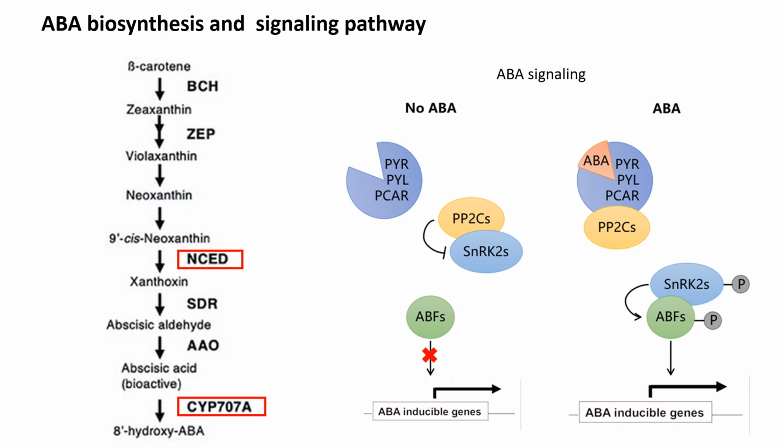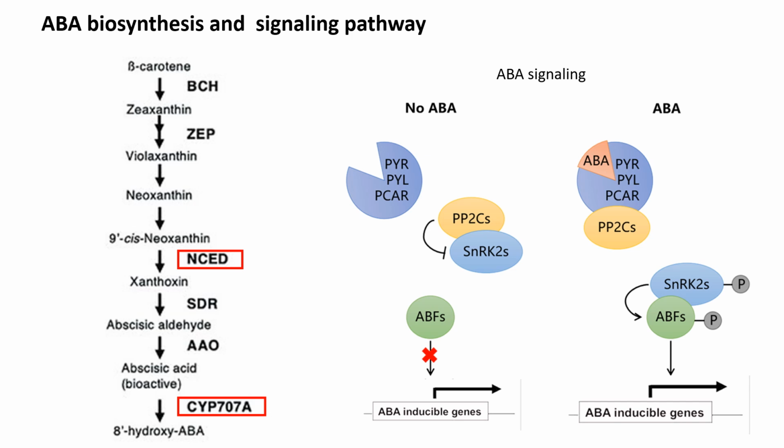Neoxanthin is then acted upon by an enzyme 9-cis epoxycarotenoid dioxygenase or NCED, which converts neoxanthin to xanthoxin. This step marks the first committed step towards abscisic acid biosynthesis.